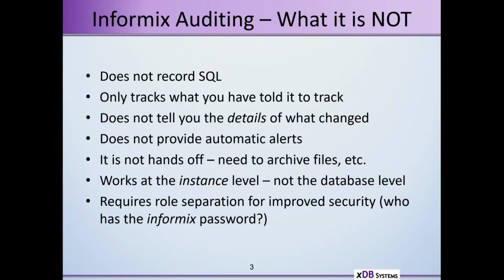That's something you still need to do, in addition to just enabling it. Ideally, you set up role separation. We'll cover that later, but really it's just setting up different users with different roles so that you limit who can change some of the auditing information that's logged or modify the files, that kind of thing.